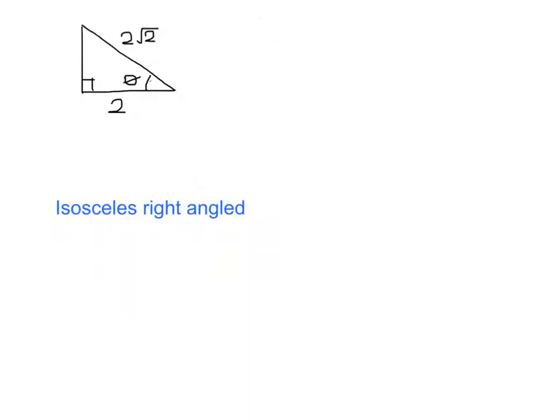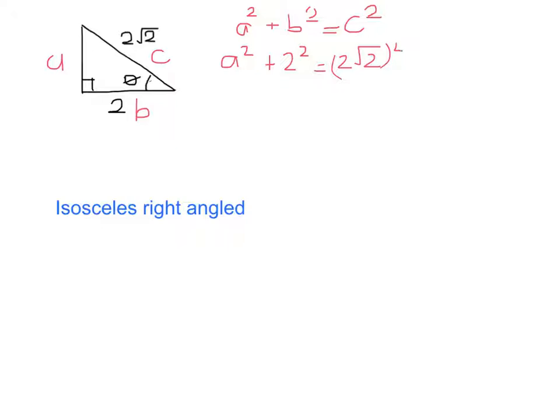A squared plus b squared equals c squared. So then we'll label our sides A, B, C. I can say a squared plus 2 squared equals 2 root 2 all squared. So then a squared plus 4 equals 2 root 2 times 2 root 2.